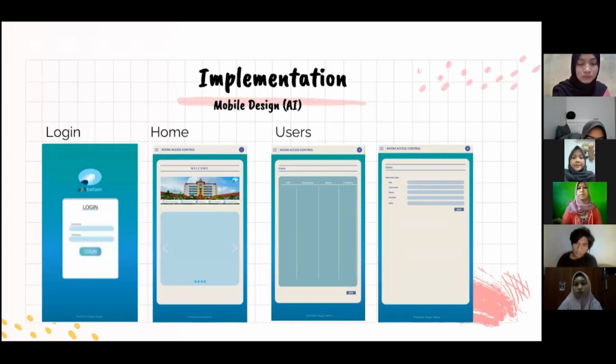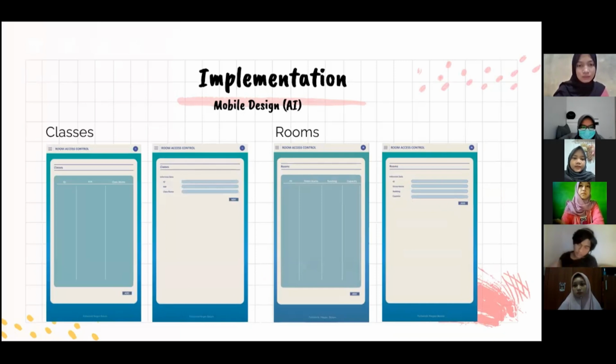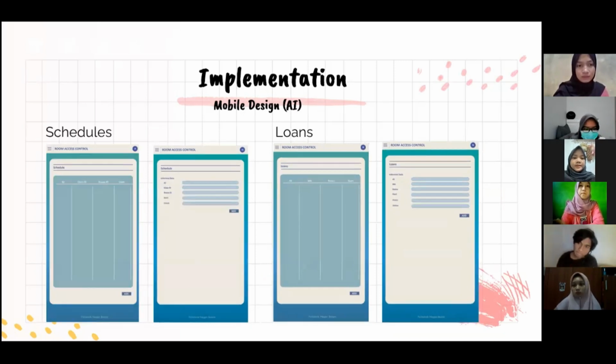Furthermore, in the display of the mobile design, there is no significant difference between the mobile design and the web design, only the size is adjusted, including the font size. The number of web pages created is also the same as the web design: a start page like login, home, users, next, classes, rooms, next, schedule, and launch.